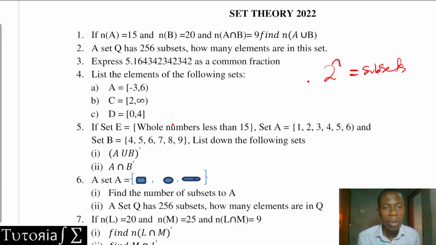So now you're looking for n here. You have 2 to the power n equals 256. So how are you going to find the value of n here? This is a question for you, so finish that one out.